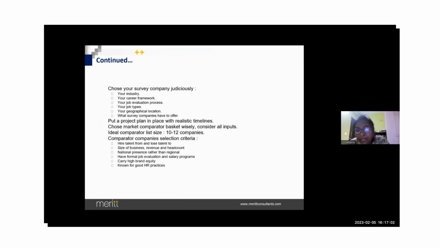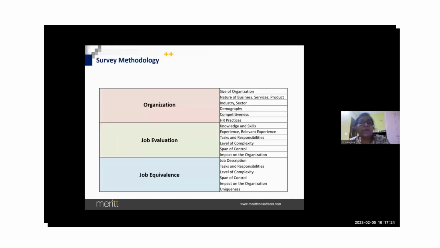Typically the number of companies should be at least 10 to 12 ideally. Just 4 or 5 is too small a size to compare with. And we talked about the components or elements for which you want to collate data, so you need to list all of them.